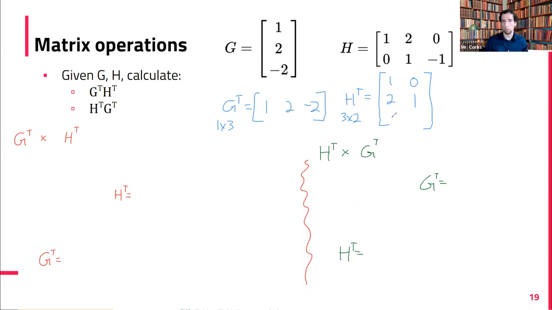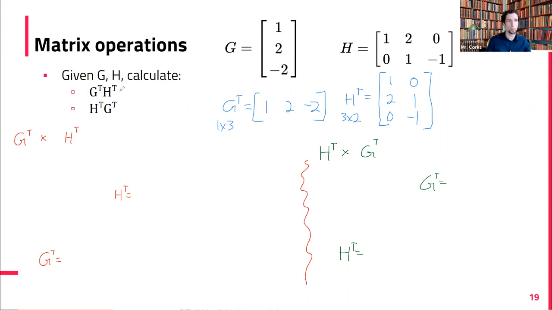And third row. 0, -1. Okay, so remember transposing, we can take the first row and rewrite it as the first column, or we can take the first column and rewrite it as the first row. It's the same thing. So here we can see it's not a rotation, it's this whole diagonal flip along the main diagonal. So here's our H transpose and our G transpose.